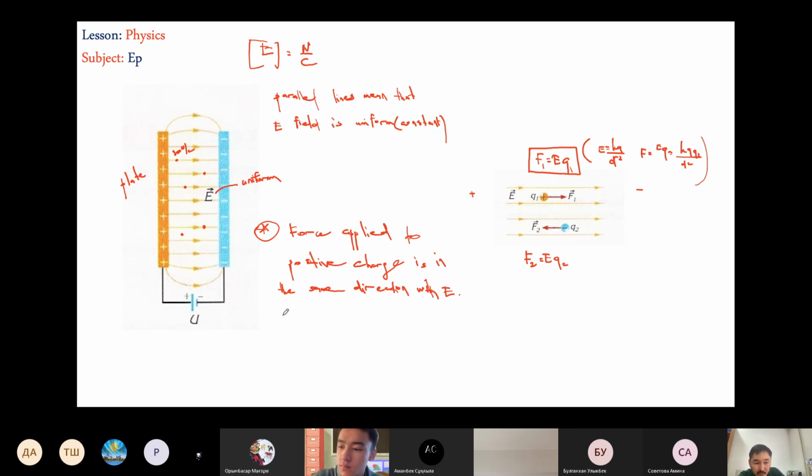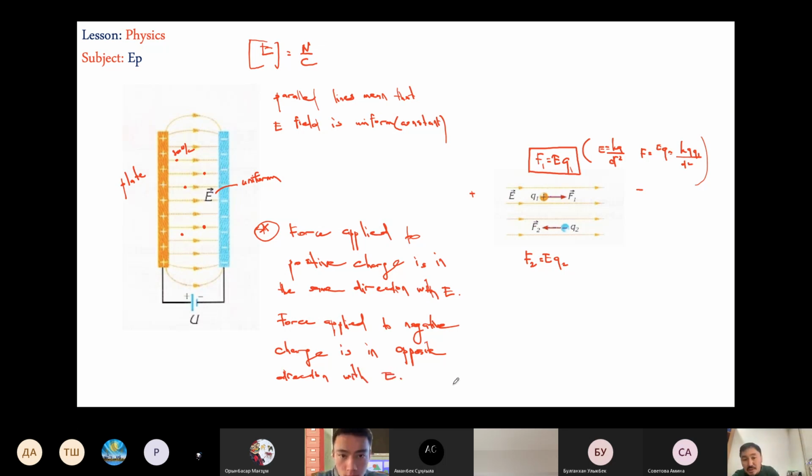Inversely, наоборот, force applied to negative charge is in opposite direction with electric field. Яғни формуласы бірдей екеуінкіде E times Q, no problem.